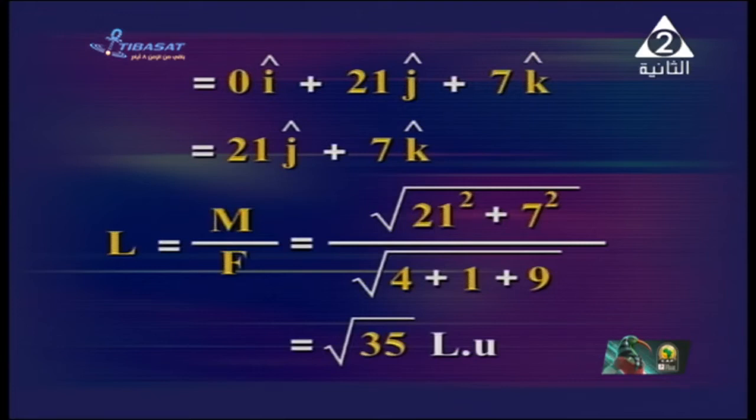Also, my dear student, the norm of F is the square root of 2 power 2 plus 1 power 2 plus 3 power 2, the coordinates of the force F, equals square root of 35. This is a length unit. Remember, my dear student, the length of the perpendicular equals the norm of the moment over the norm of the force.